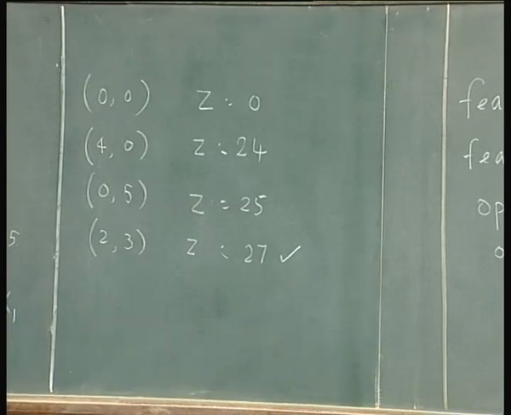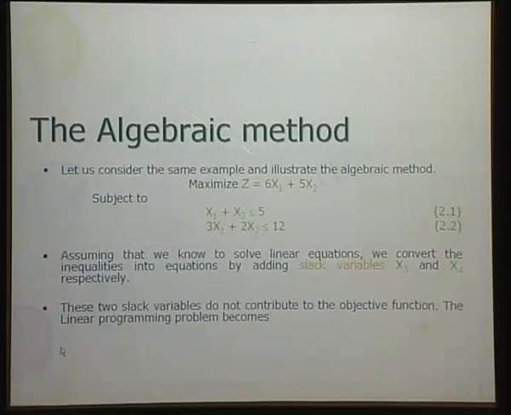So, the next slide would tell us we now need to look at a method which is better than the graphical method, which can handle more than 2 variables. The graphical method cannot be used if we have 3 or more variables. So, we need a method which can handle multiple variables.